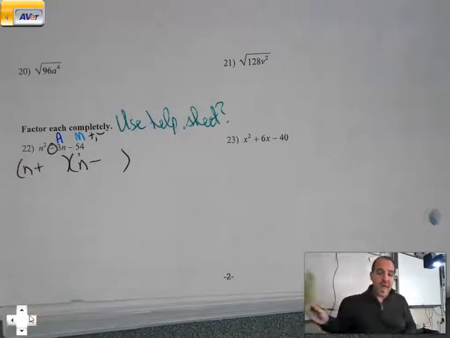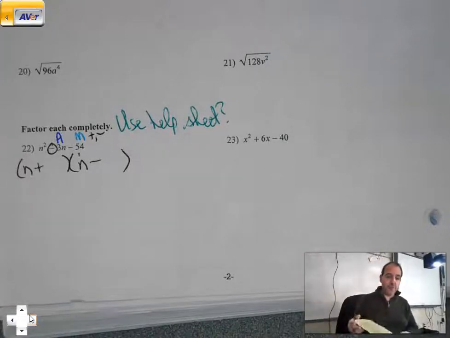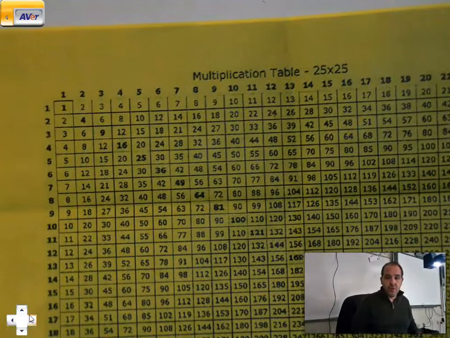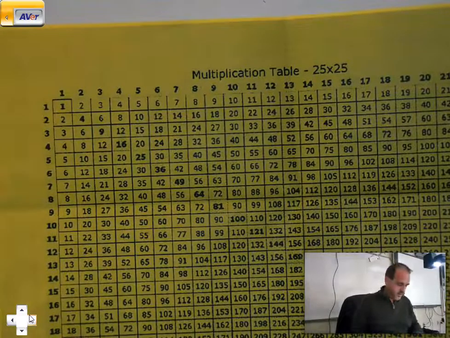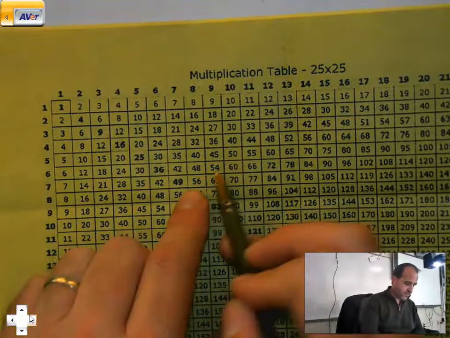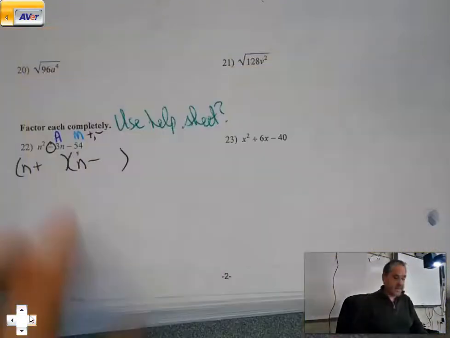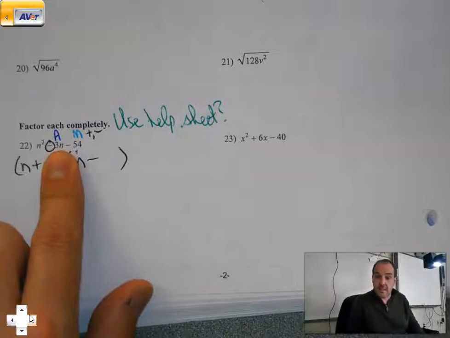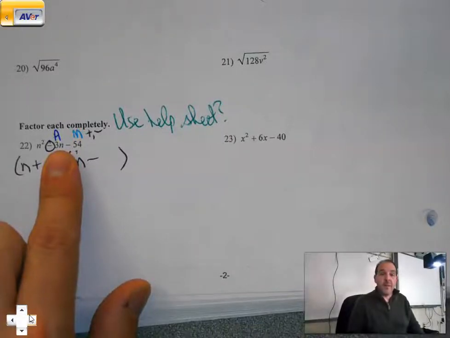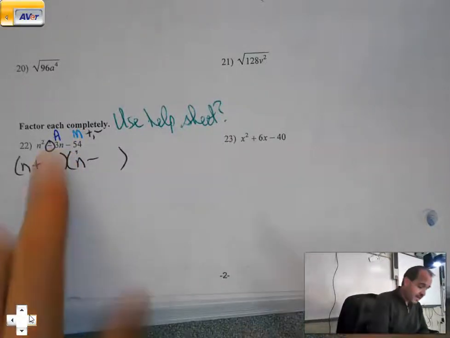So you can use your head to figure out factors of 54. You could use the calculator. I'll do that on a different one. Or you can bust out your factoring help sheet, find a 54. Okay, here's a 54. 9 and 6. Now, can 9 and 6 get to 3? Yes. The bigger number is negative.